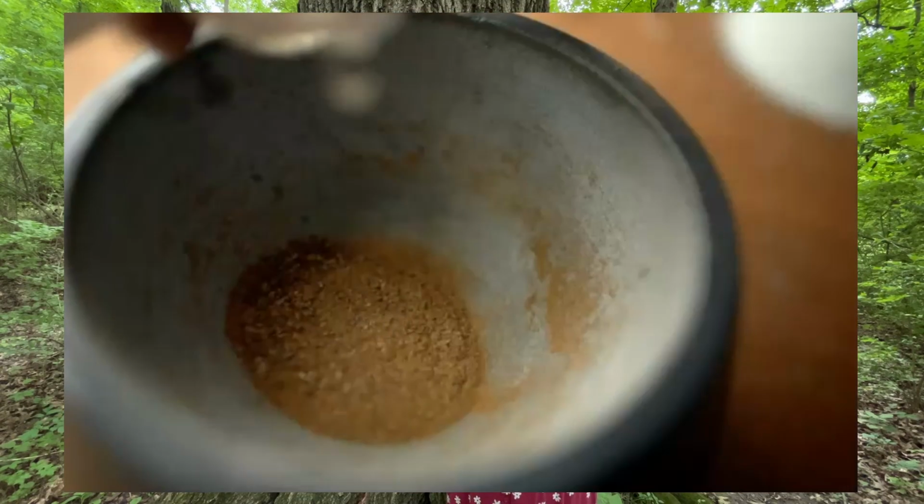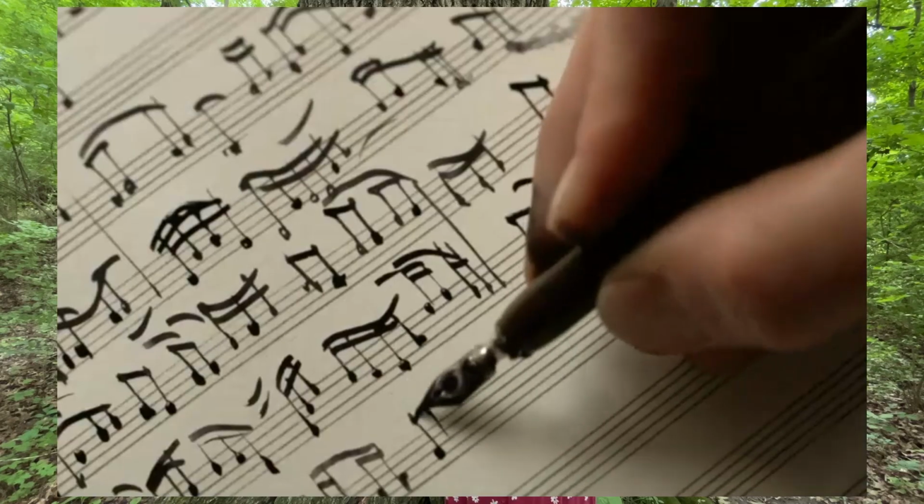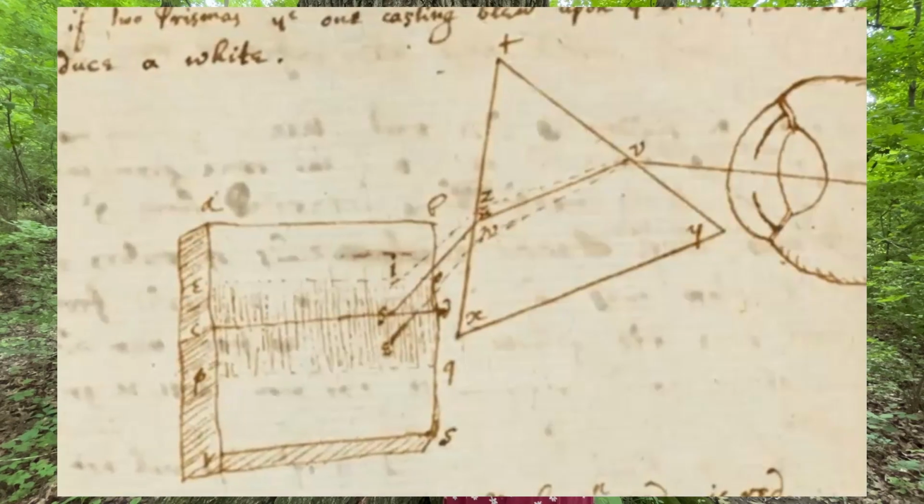It was a surprising fact to me to find out that most of the texts that were written in early times were written using oak gall ink. We're talking about the Magna Carta, we're talking about letters, we're talking about all sorts of different stuff. So if you're interested in learning more about oak gall ink, definitely take a look at that.